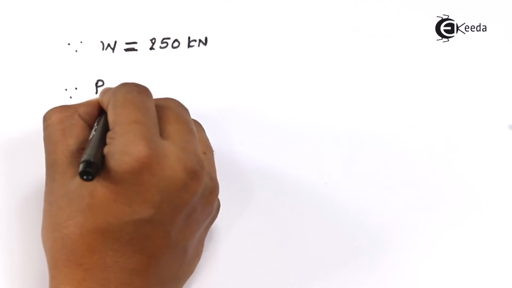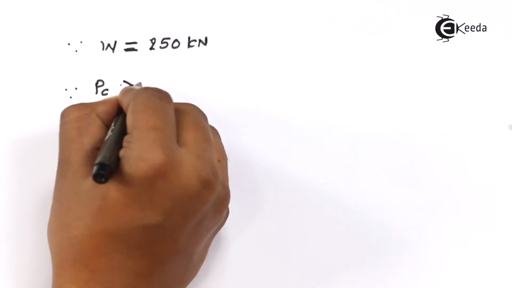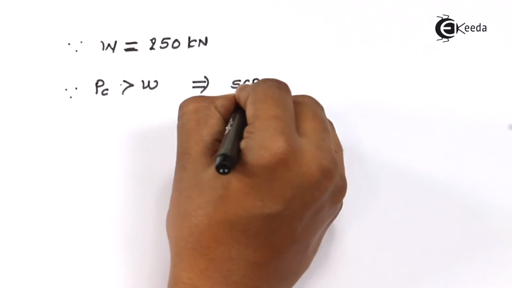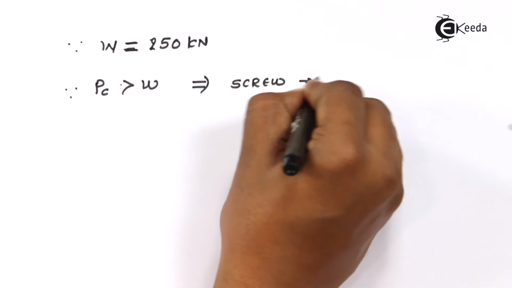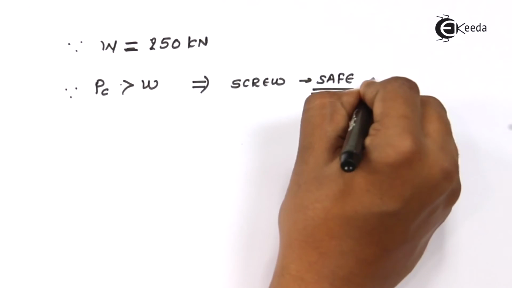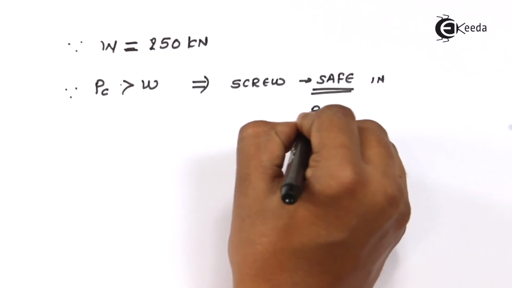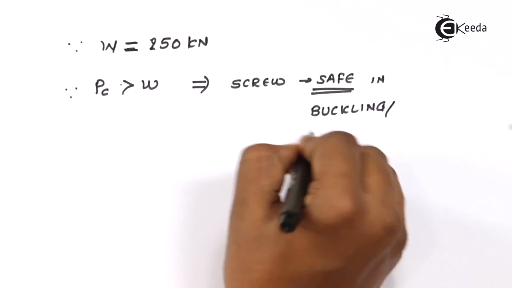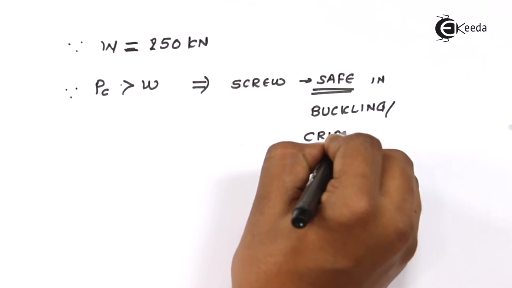Somehow the allowable value PC is much greater than W, and hence I can say that the screw is safe in buckling, or you can say it is safe in crippling.